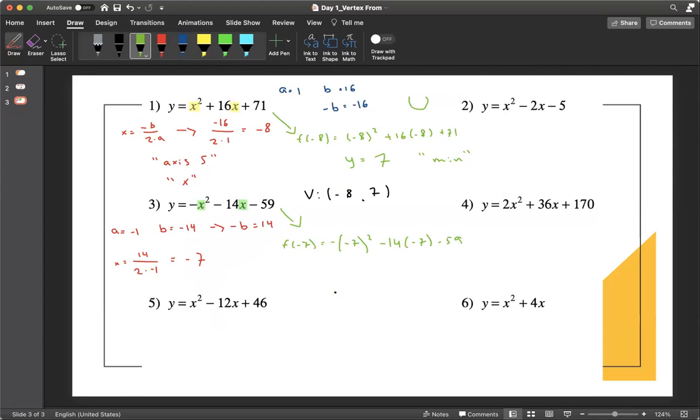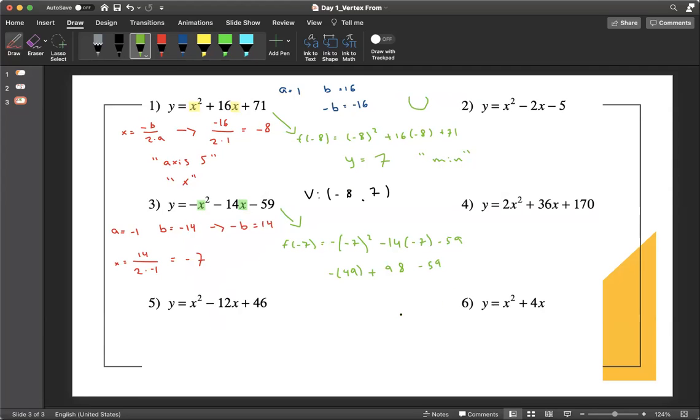And if I simplify, this becomes a negative 49 plus 14 times 7 is 98 minus 59.